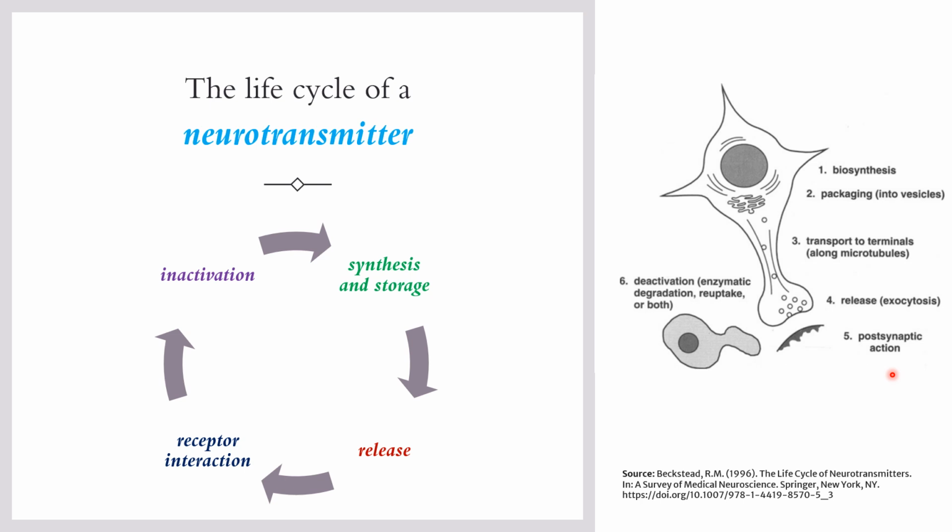To illustrate this, we can consider the neurotransmitter as a finger and the receptor as a button. When the neurotransmitter is released, the finger will press the button and the button will have a reaction, will activate something. Of course, if the neurotransmitter is not deactivated, this button will be pressed for too long.